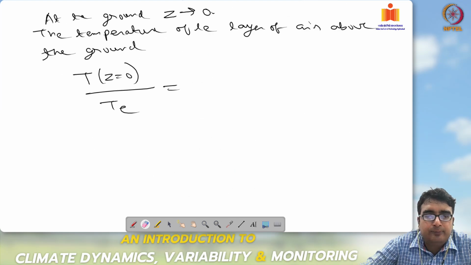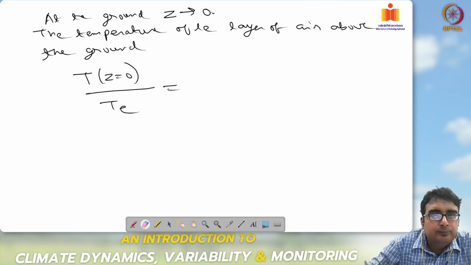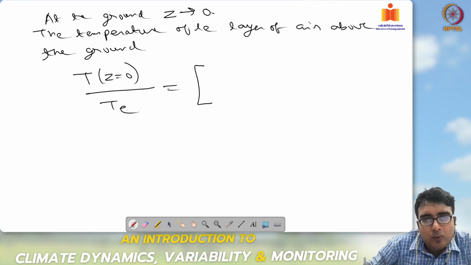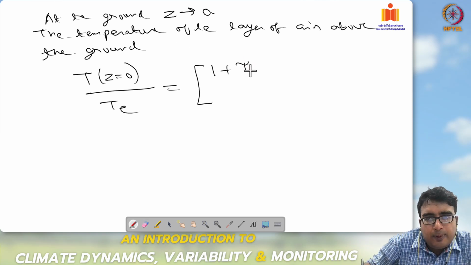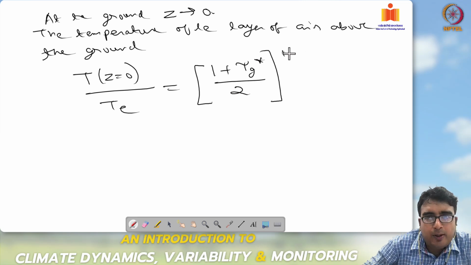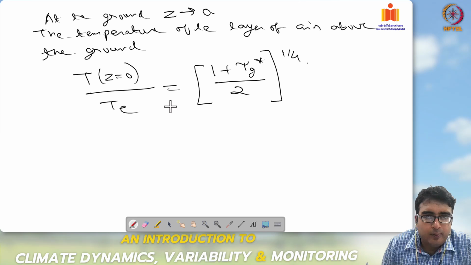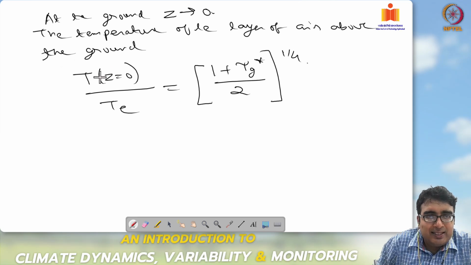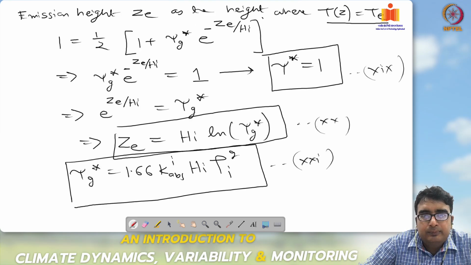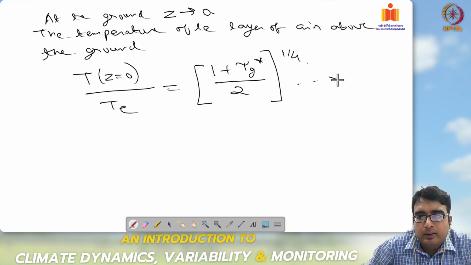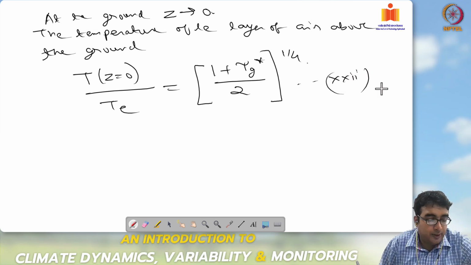So we get 1 plus tau g star by 2, to the power 1/4. So this is the temperature of the layer of air above the ground. This is equation 22.